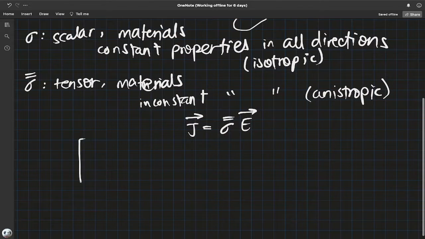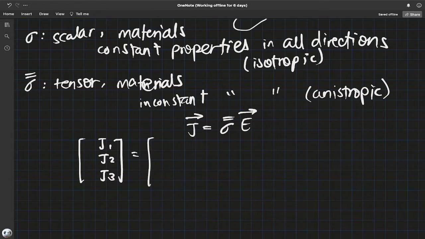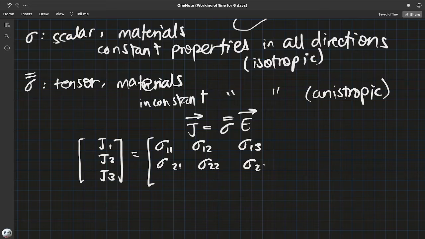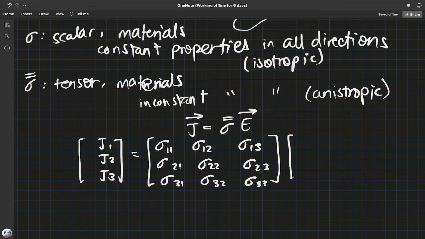And if I write this out in terms of column vectors J1, J2, J3, I have this equal to sigma 11, sigma 12, sigma 13, sigma 21, sigma 22, sigma 23, sigma 31, sigma 32, sigma 33, applied to E1, E2, E3.